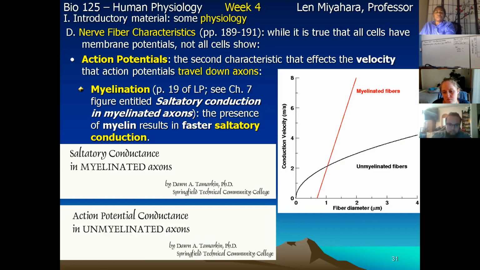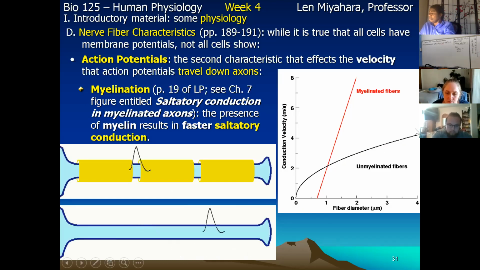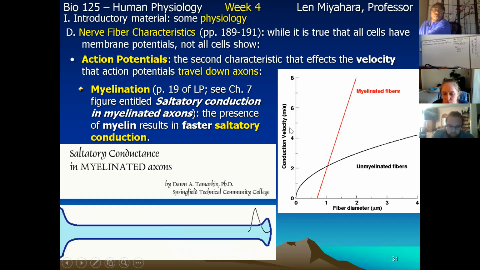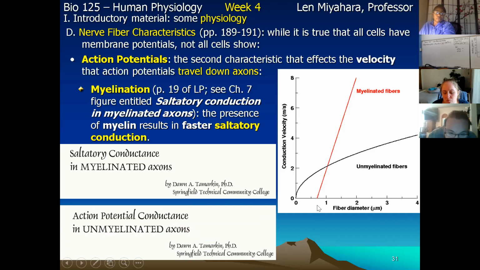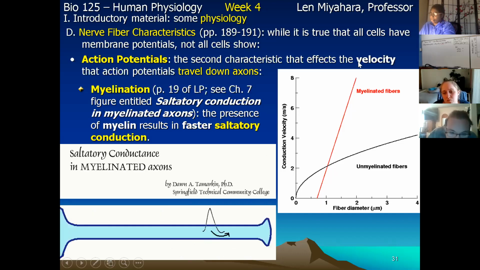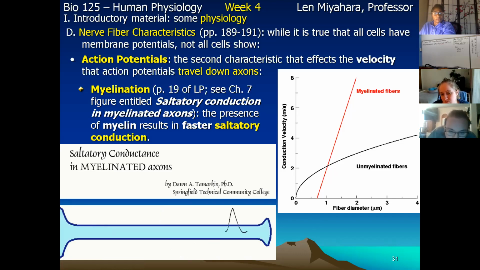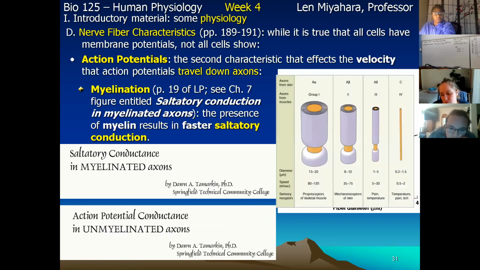That means this black line is going up at a much milder slope. It's still proportional. The wider you get, the faster you get, but it's much flatter. If it's myelinated, if it gets wider, it skyrockets in speed. Everybody see that? All right.